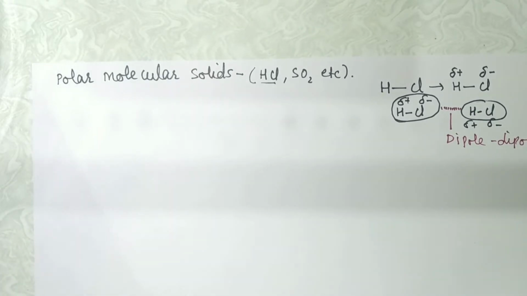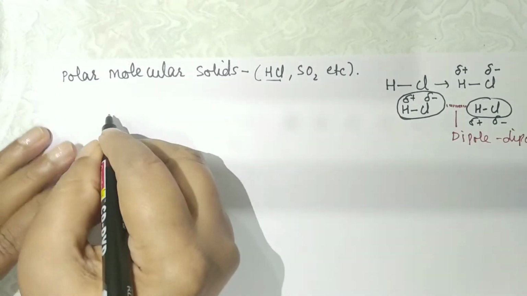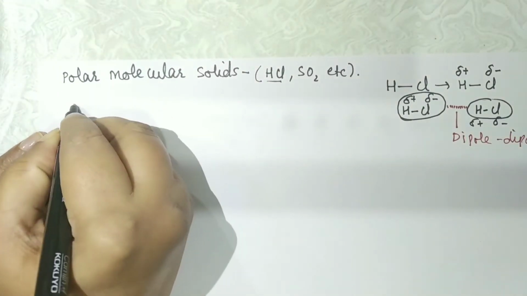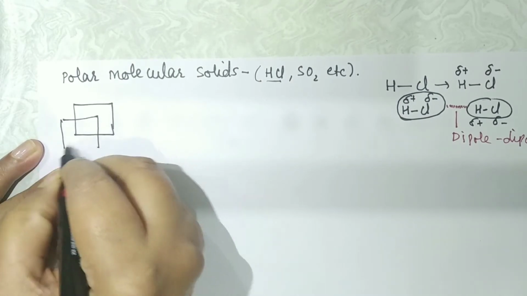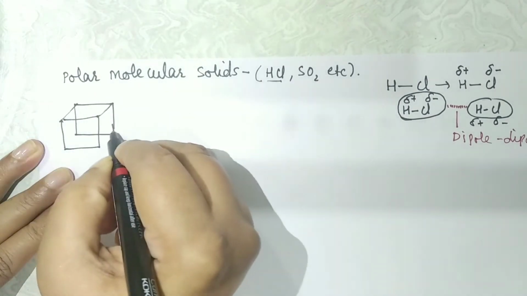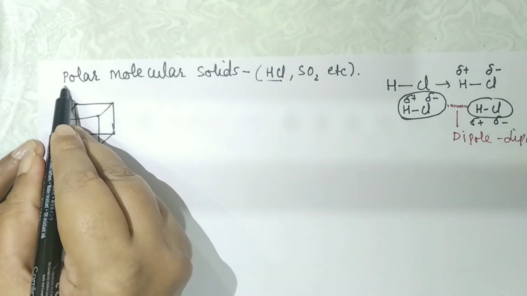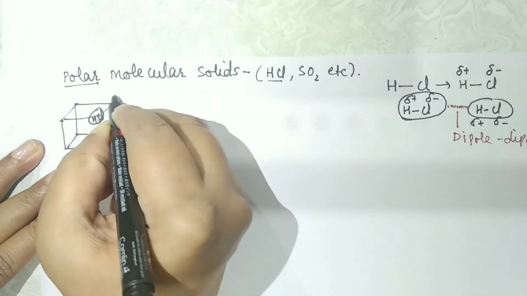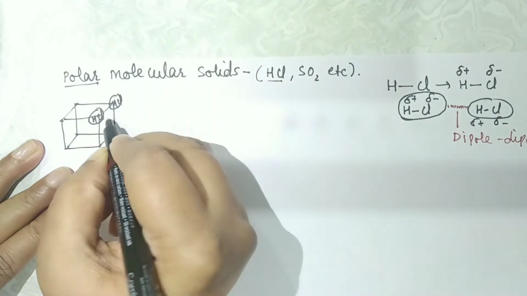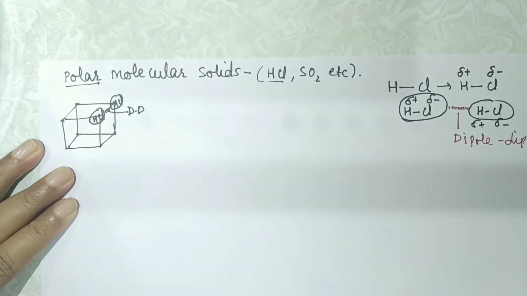After understanding this, let us come to what are polar molecular solids. In polar molecular solids, the lattice points are occupied by molecules which have a permanent dipole, or molecules which are polar in nature. So what I will have here, student, is HCl. The other molecule here will be HCl, and the bond which exists here is a dipole-dipole interaction.